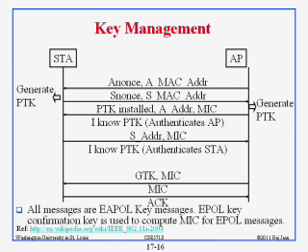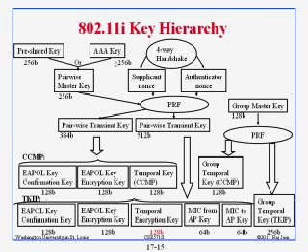Then the four-way handshake, which is going to come in the next slide. There is a four-way handshake during the authentication phase in which both sides, the supplicant and the authenticator, provide a nonce. Who is the supplicant? The person coming in, the laptop coming in. So the supplicant provides a nonce and the authenticator provides a nonce.